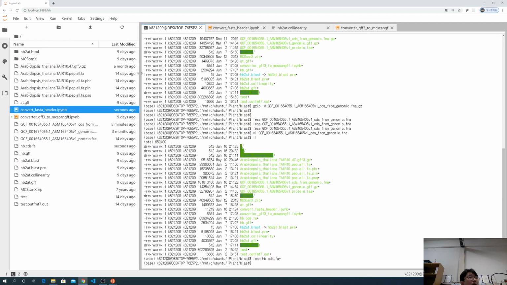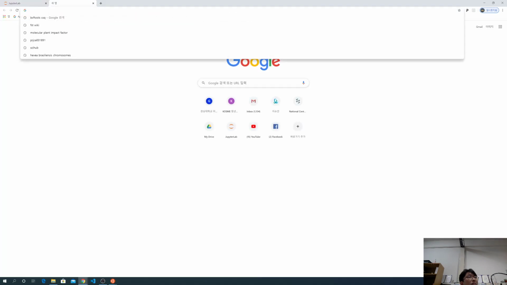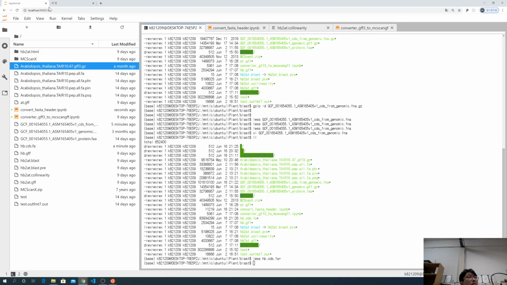And maybe we have to have the Arabidopsis TAIR10 coding sequences.